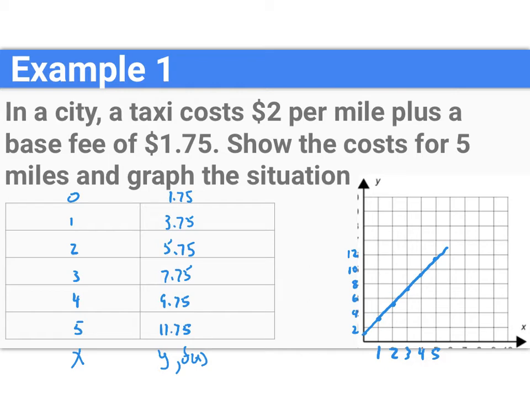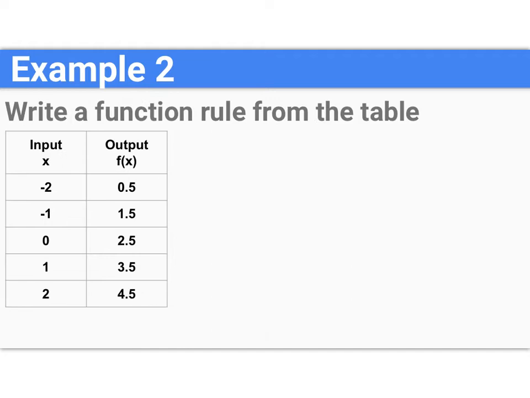And then you just plot your points. These become points where the x is and the y. These are all points. A table of values gives you points. And that concludes our first example.